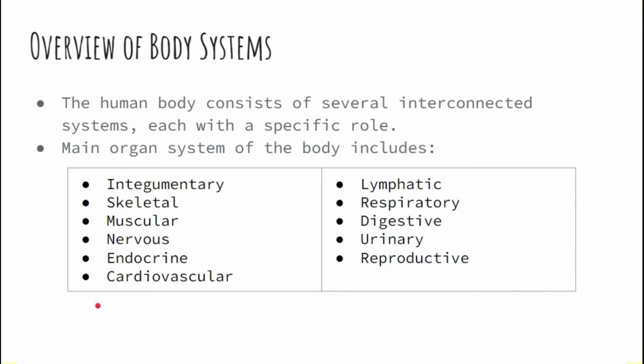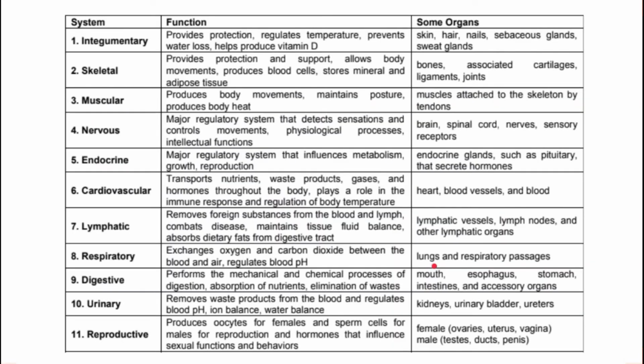Here are the 11 main organ systems of the body: integumentary, skeletal, muscular, the nervous, the endocrine system, the cardiovascular system, lymphatic system, respiratory system, digestive, the urinary, and the reproductive system. So here in this slide, we have here the summary and a brief overview of the major function of each organ system, as well as what are some organs that is connected to them.